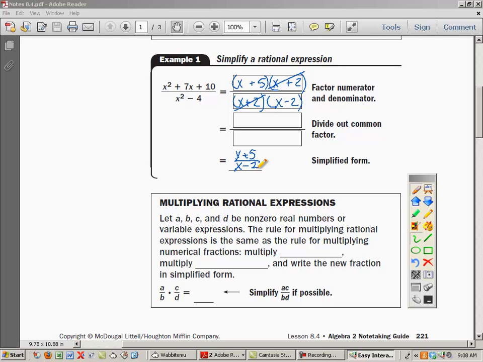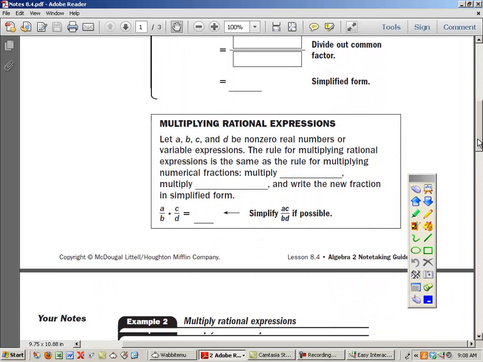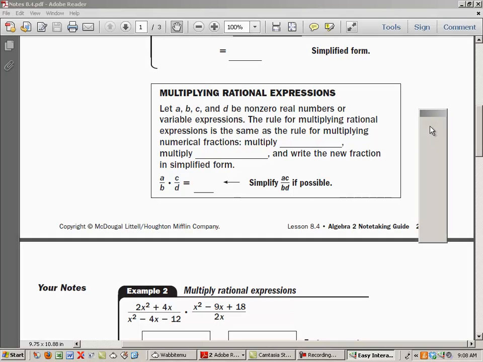Multiplying rational expressions is very much the same. Keep in mind that when you multiply fractions, we multiply the tops and we multiply the bottoms, and then we simplify. It says let A, B, C, and D be non-zero real numbers or variable expressions. The rule for multiplying rational expressions is the same as the rule for multiplying numerical fractions.